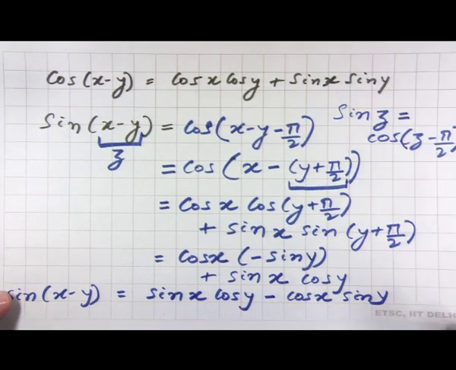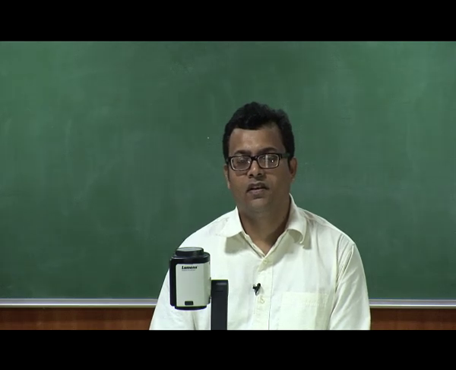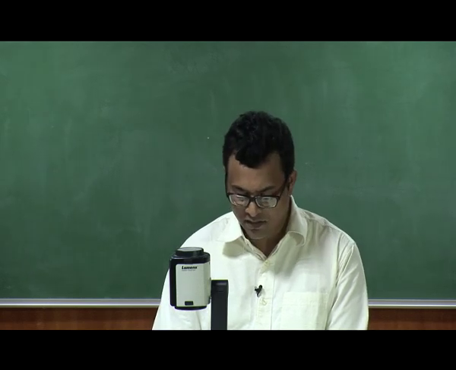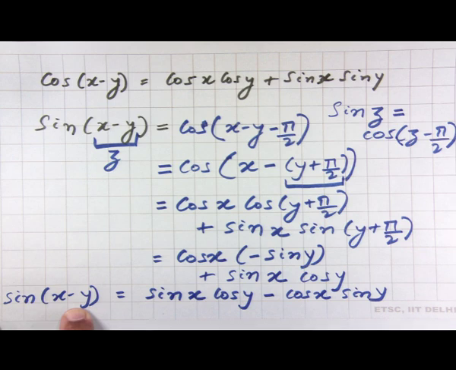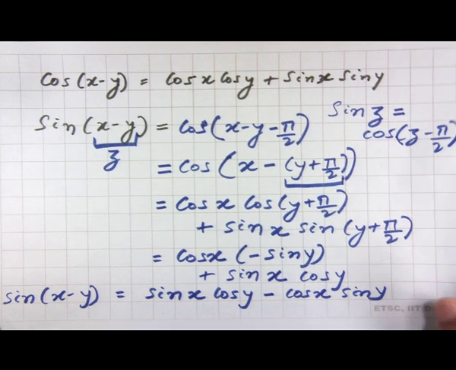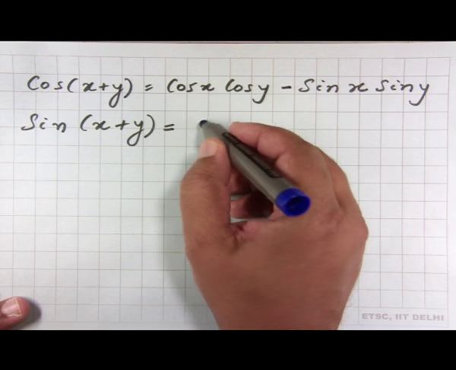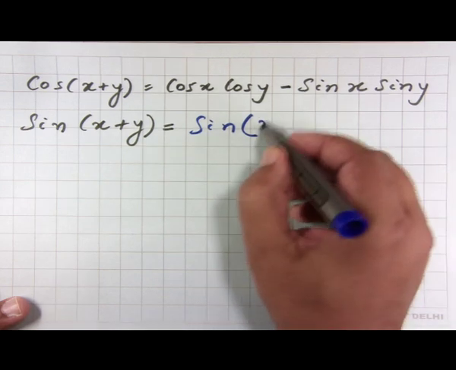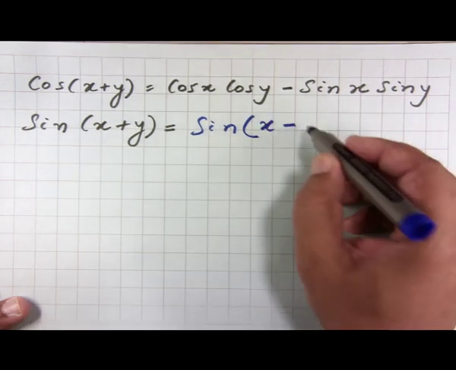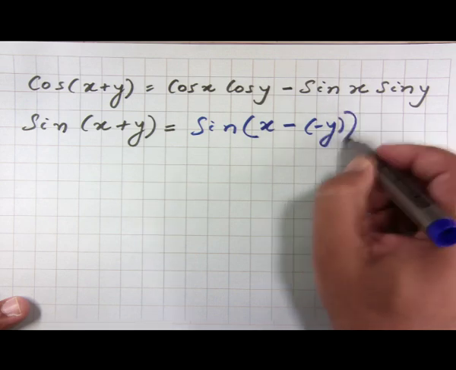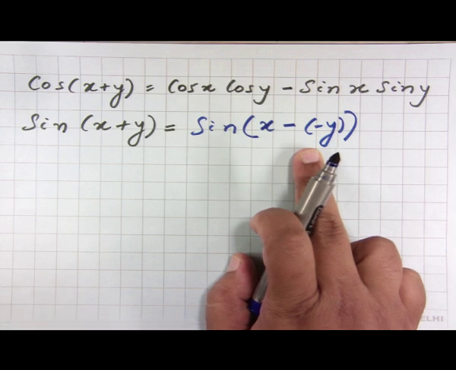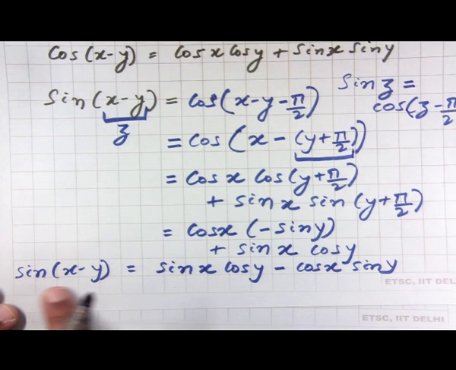Using this formula, we can now easily derive the expression for sin of x plus y. We just need to replace this y with minus y. For sin of x plus y, we write this as sin of x minus minus y. So, this minus y is like the y that we had in the expression for sin of x minus y.